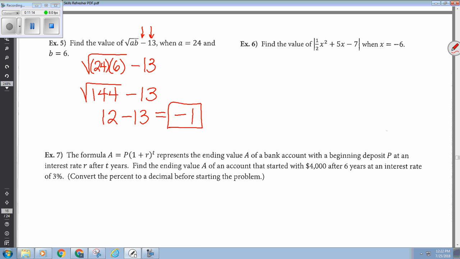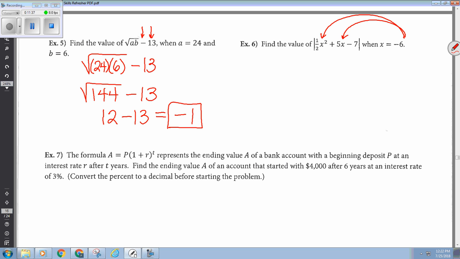Lastly, example 6. Find the value of the absolute value of 1/2 x squared plus 5x minus 7 when x is equal to negative 6. So this one has a lot in it, so let's work it out. Take negative 6, plug it in for x. Notice that you see x twice.